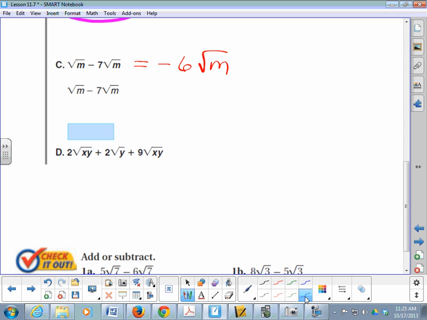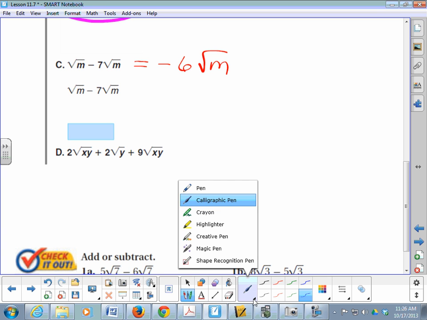No, I'm sorry, that's not correct. Now, first question is this, Austin. There's 3 terms up there, right? Which of those 3 terms have the same thing under the radical? The first one and the last one, right?